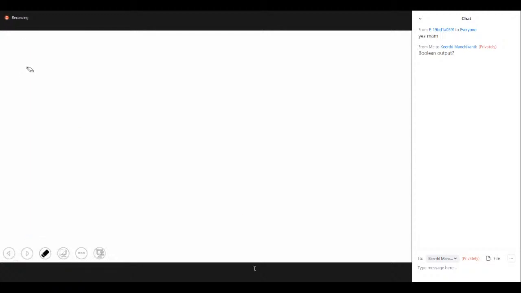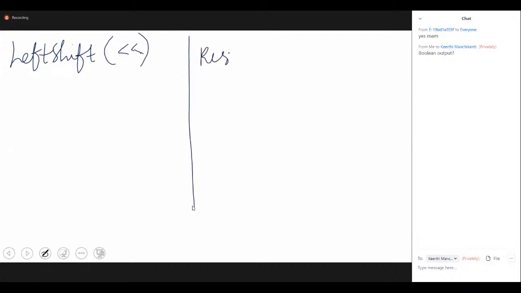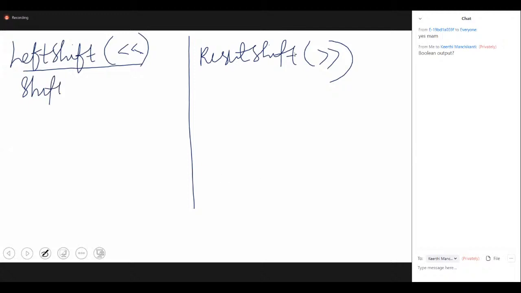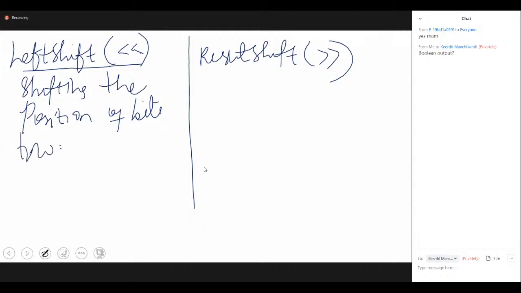Next we have the left shift operator. The other one you have is right shift. So, as the names themselves say, left shift and right shift, you are shifting the position of bits towards the left side, and how many times depends on your input.